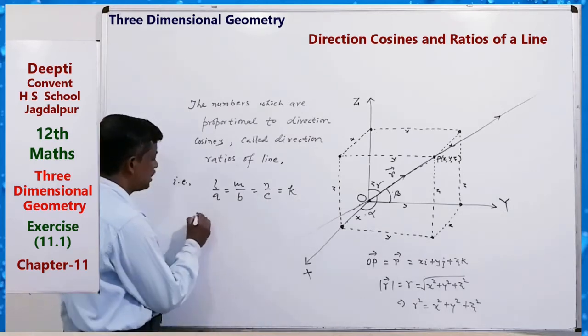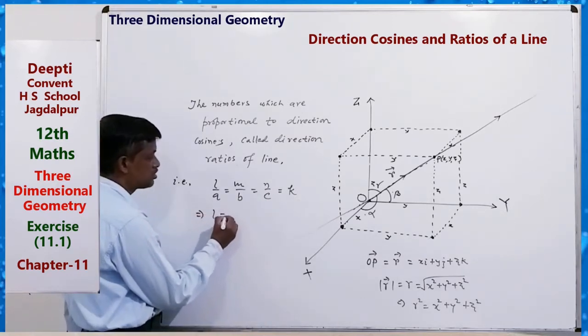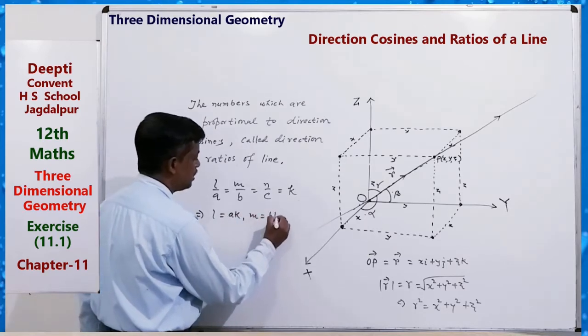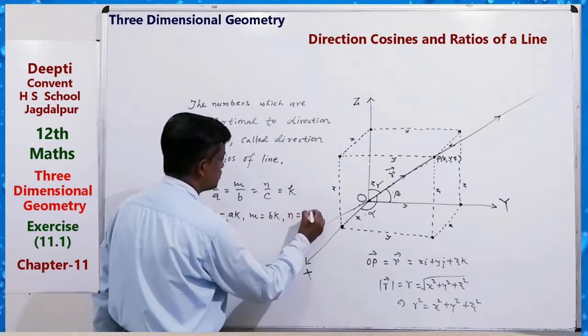So here we can write L equals AK, M equals BK, N equals CK.